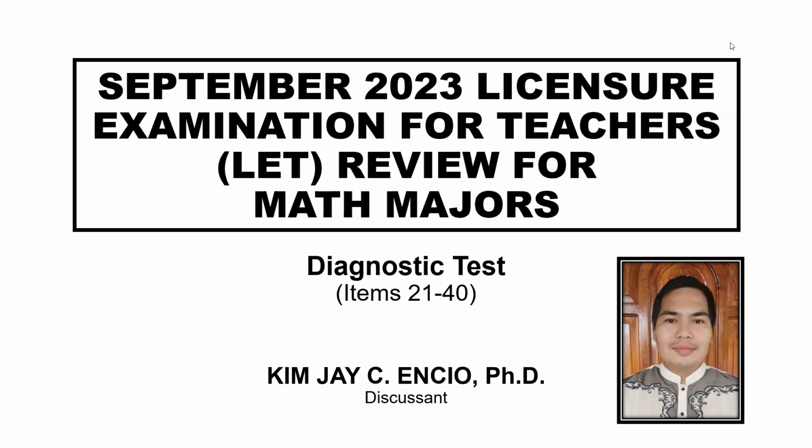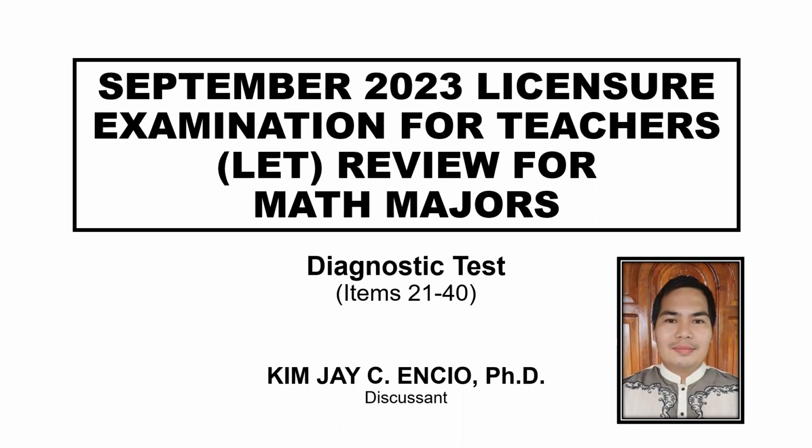Okay. I believe my screen is visible. And I hope that in the next 20 items, we can get at least 10. Our goal is to get at least half. If we get 10 or above, then you will be considered a passer.